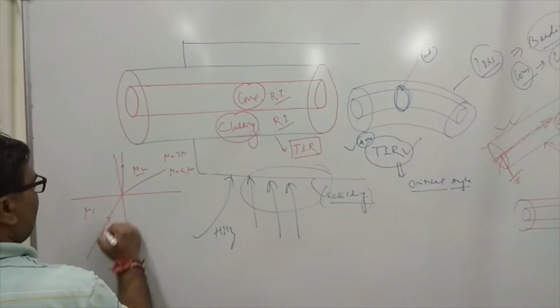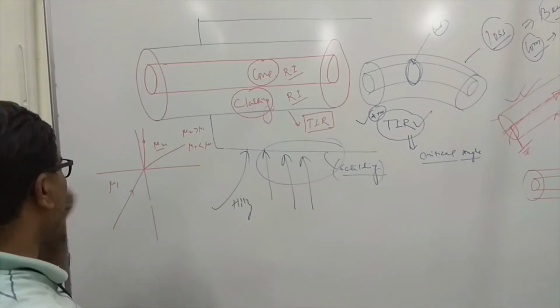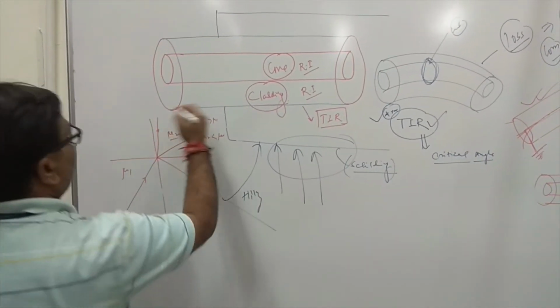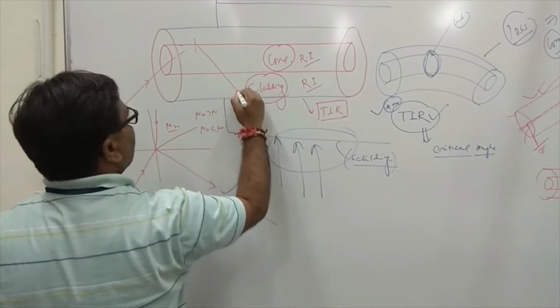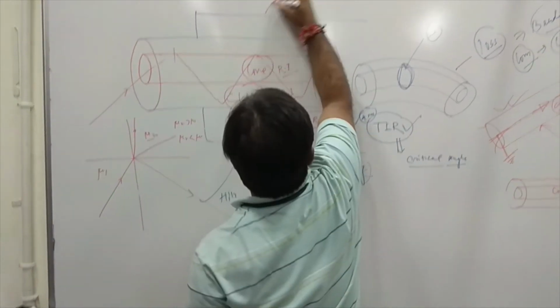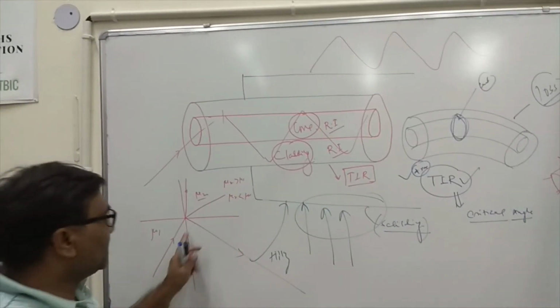And when the angle is 90 degrees, greater than the critical angle, the light moves like this, and the light will travel like this. I will explain later, but this is the basic concept.